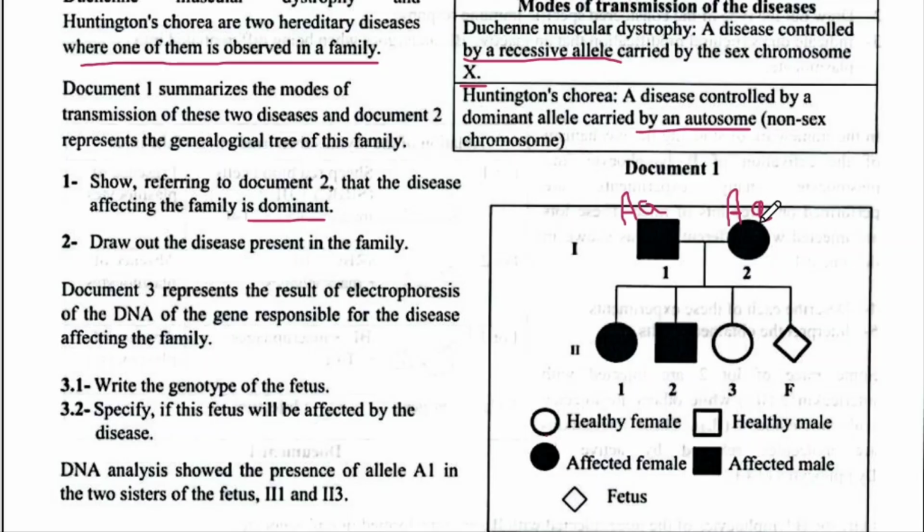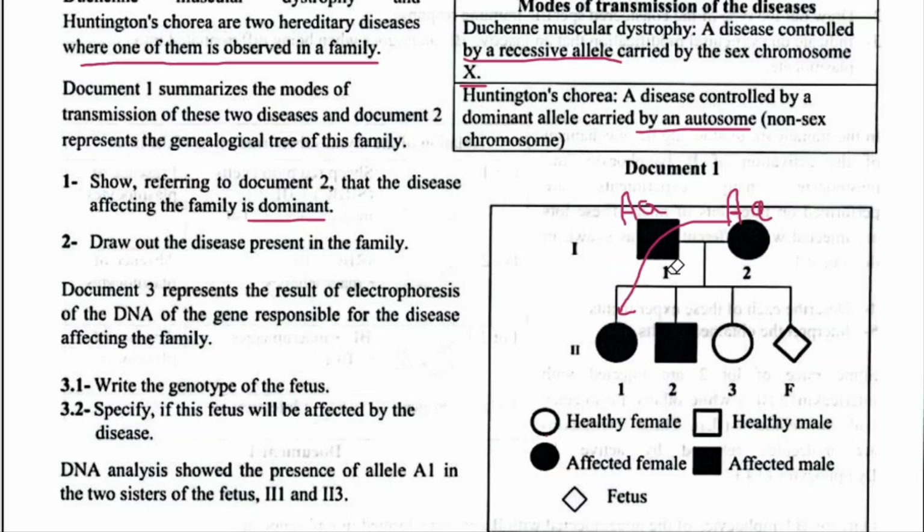For 2-1, transmission of dominant A from her father and dominant A from her mother, or dominant A, capital A, from her father and short a from her mother.